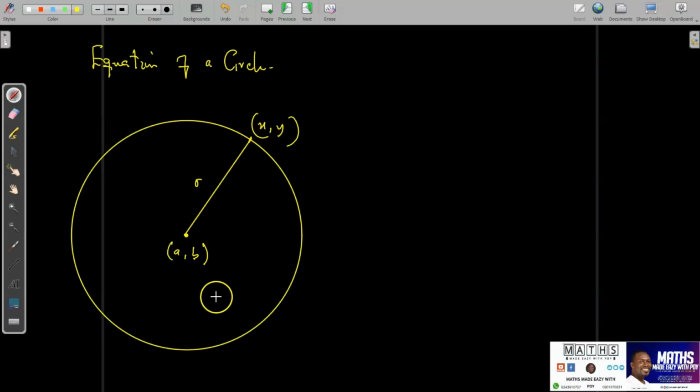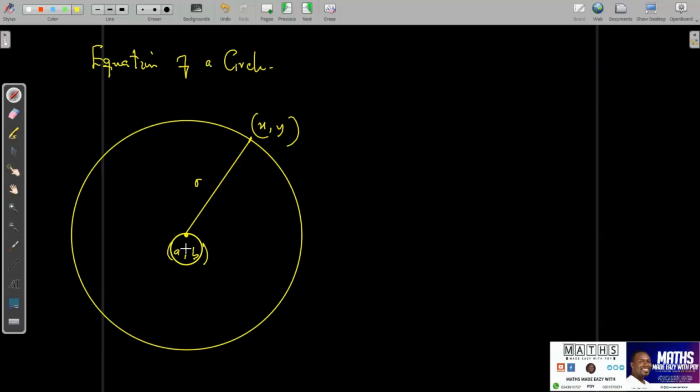And how do I link it up? From our coordinate geometry 1, we found out that if you have 2 points on a line, you can actually form the equation of a line. Do you remember that? If you remember that, then that's very good.